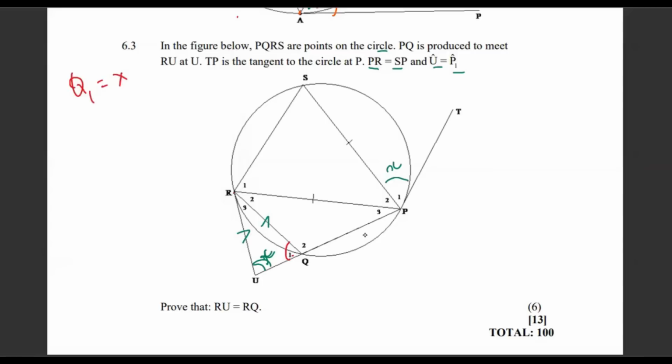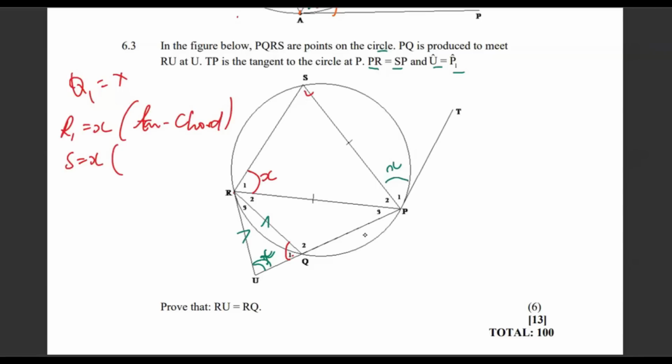Okay, so what we can see is that there's a tangent, right? And from this tangent, we can say that R1 is going to be X. Reason, that's going to be the tan chord. Then S is also going to be X, because we know this side is equal to that side.